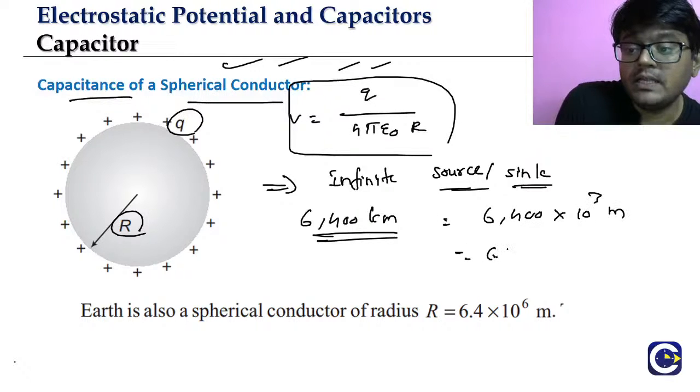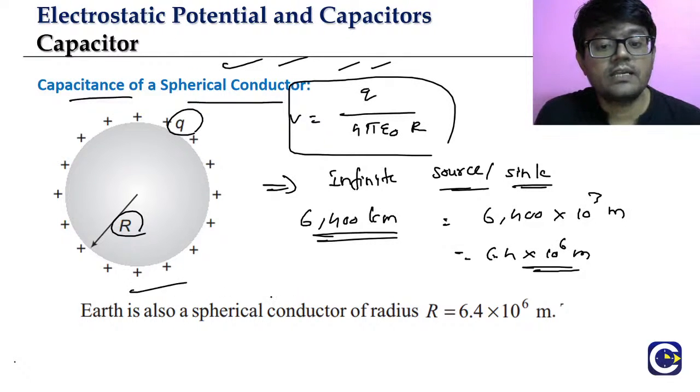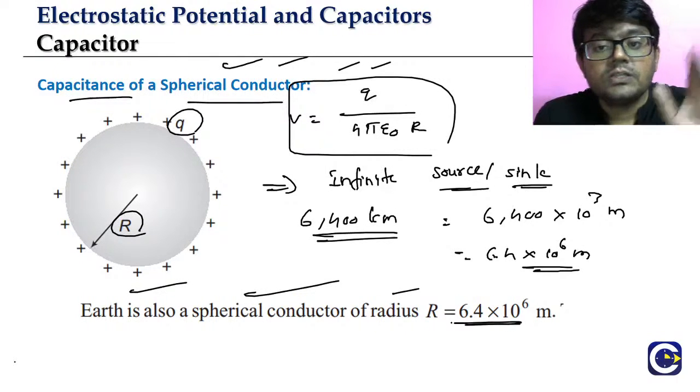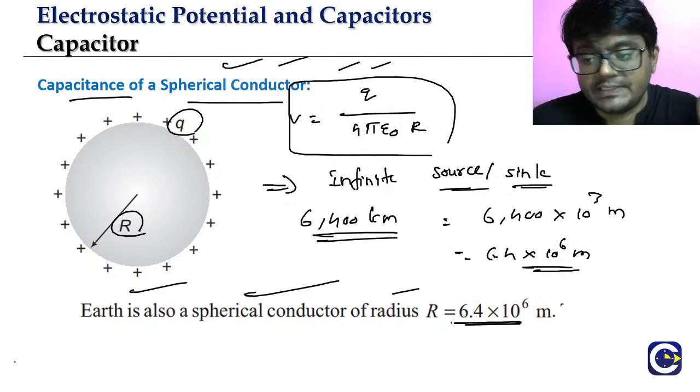That comes to 6.4 into 10 power 6 meter. So we can consider earth like a spherical conductor of radius 6.4 into 10 power 6 meters.